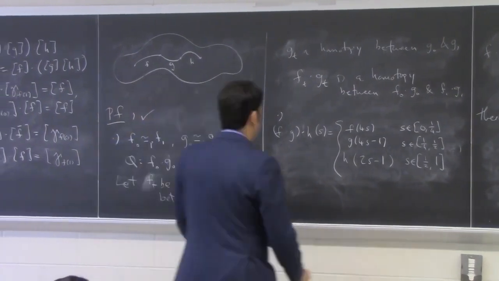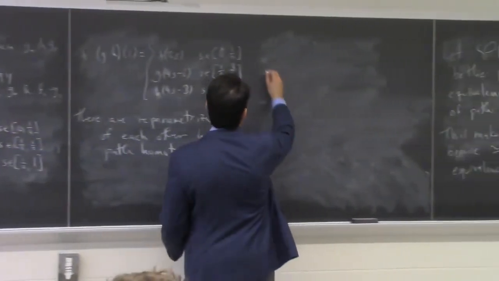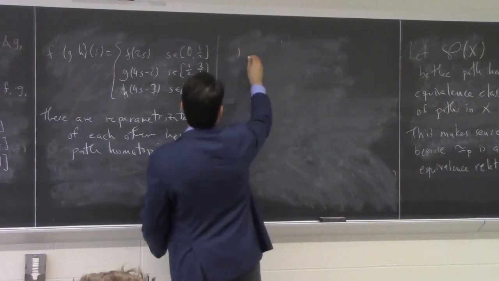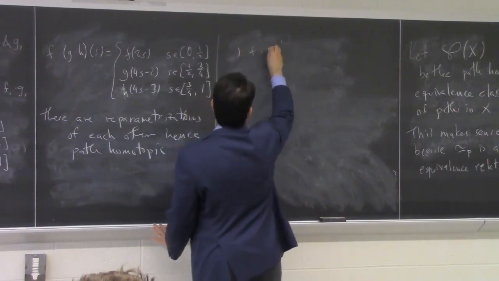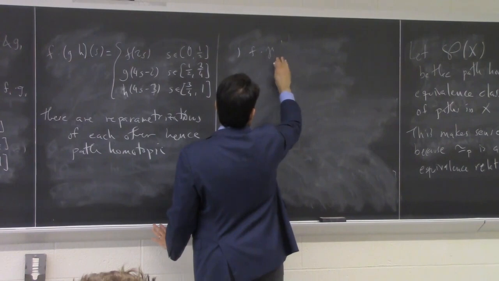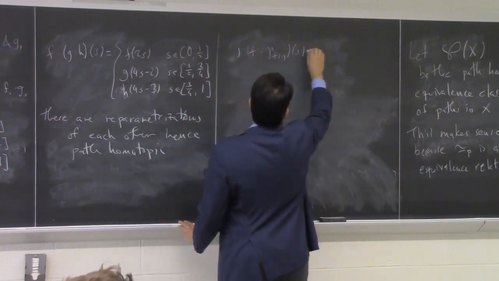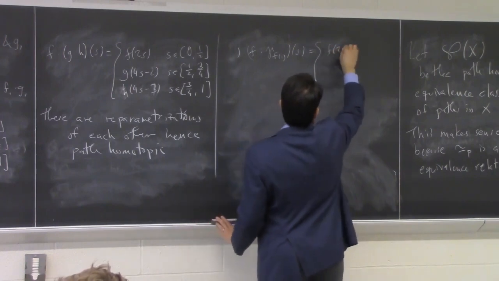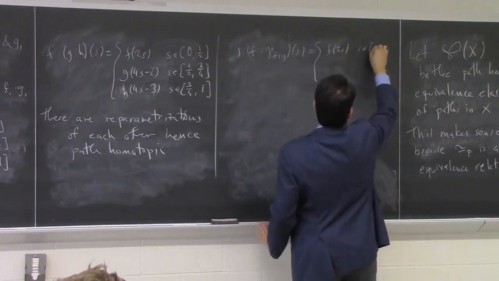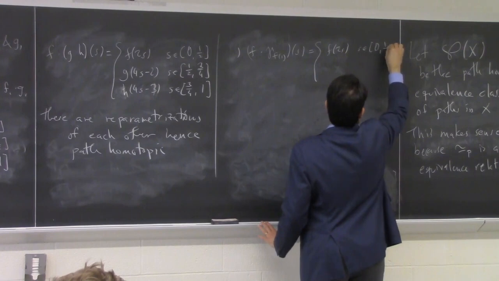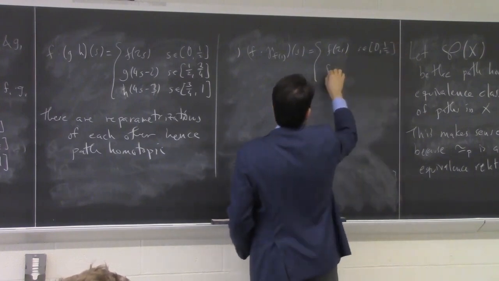Okay, and now just fun with the constant loops. So if you do f dot gamma f of 1 at time s, this would be do f in half the time, and then do nothing.